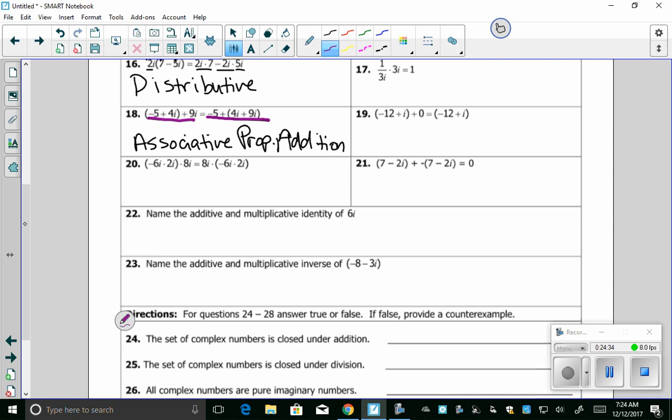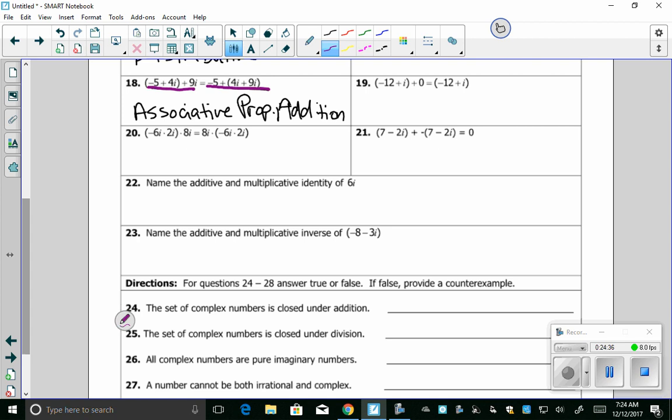If you look at number 20, it says negative 6i times 2i times 8. And then it says 8i times negative 6i times 2i. The order changed.